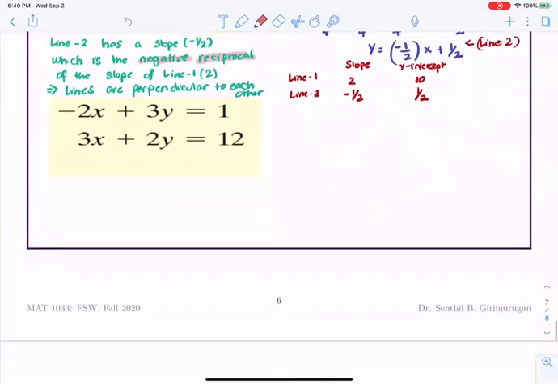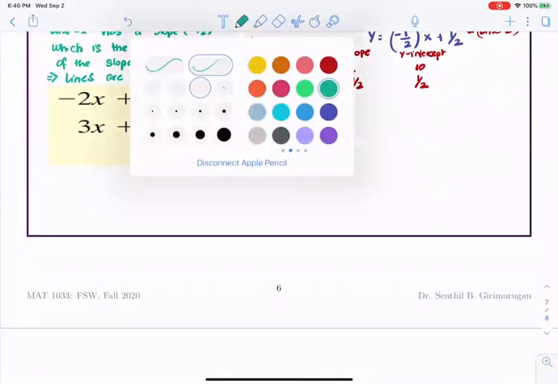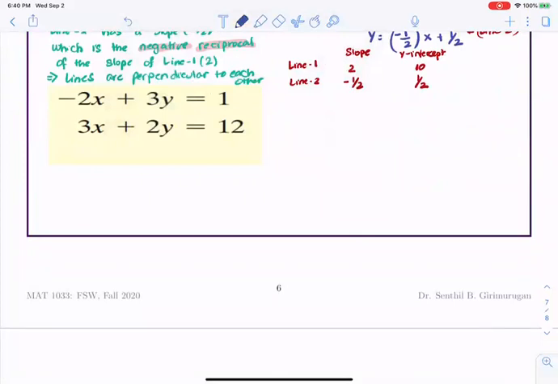So first step is to rewrite it in slope-intercept form. So I'm going to start rewriting it. Line 1, going to move the 2x to the other side. I have positive 2x, negative, and it moves to the other side, it would become positive.